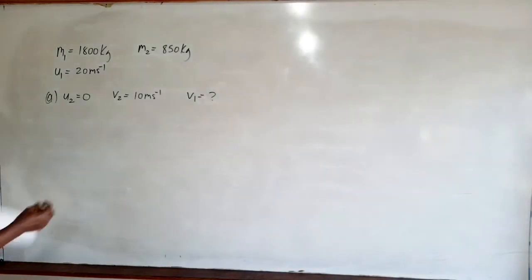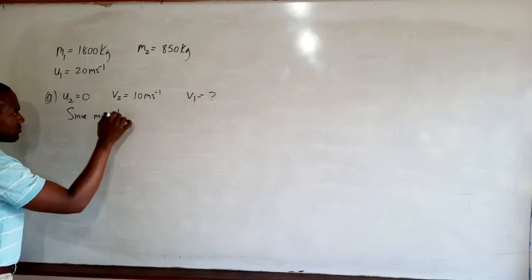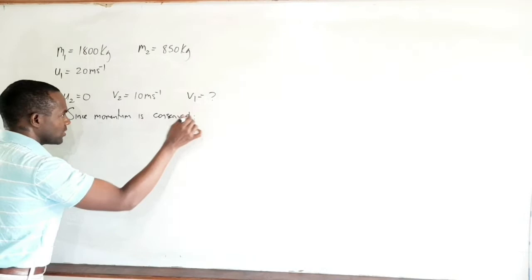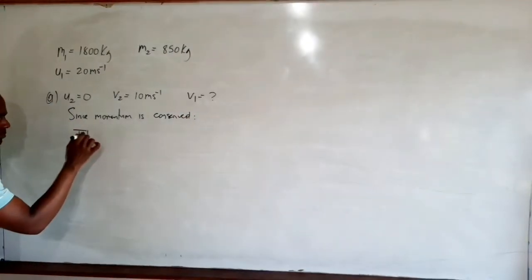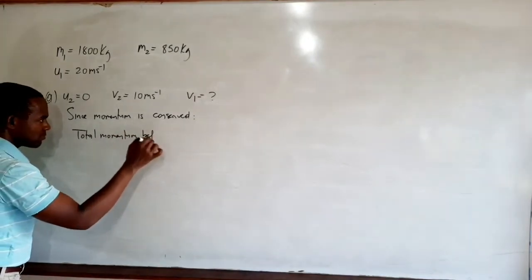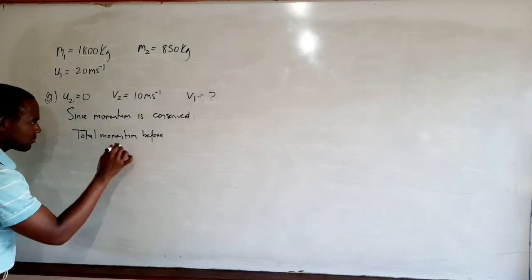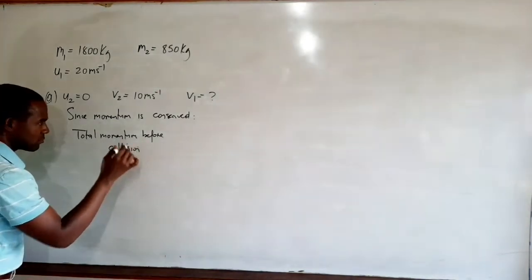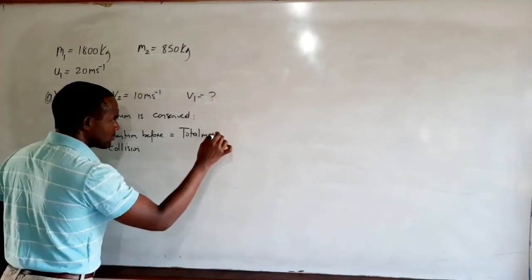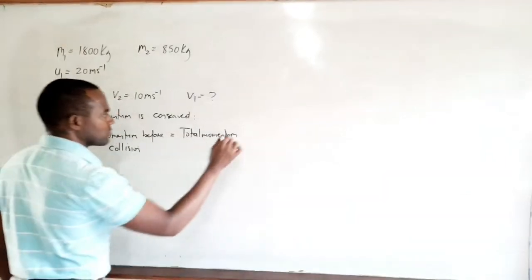So we're going to say that since momentum is conserved, the total momentum, now this is a collision, so we can say total momentum before collision equals total momentum after collision.